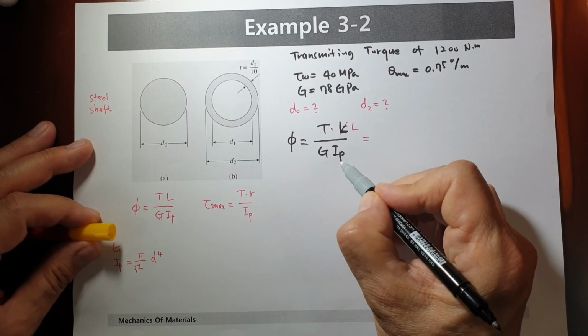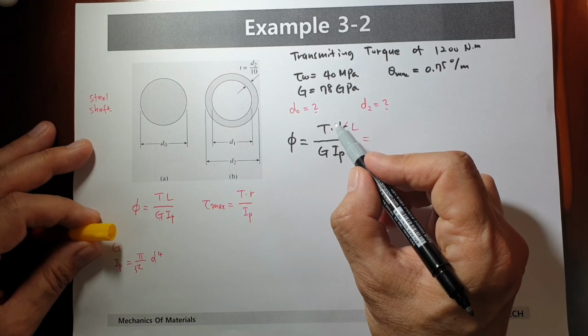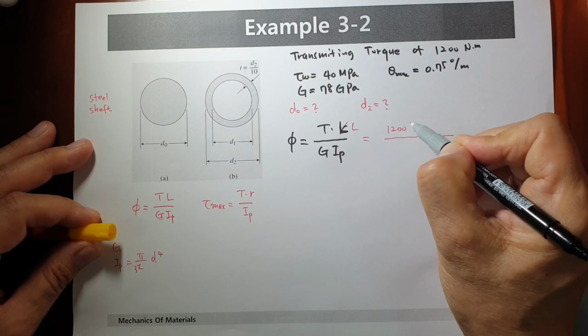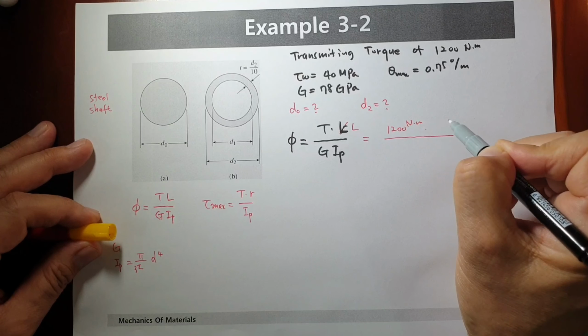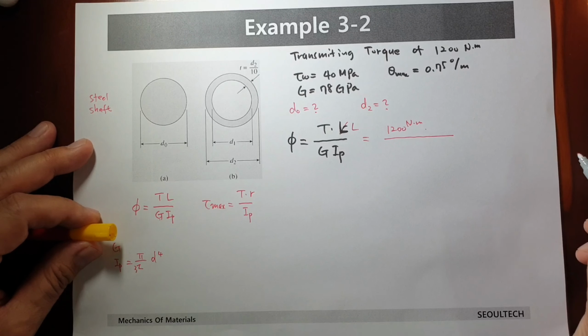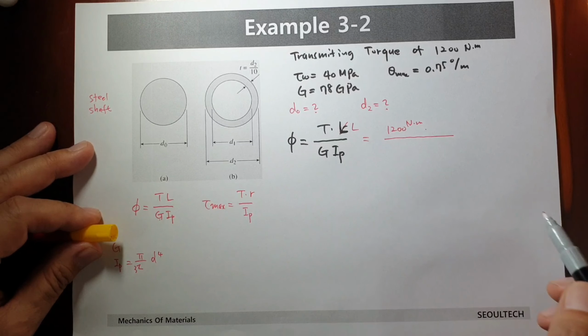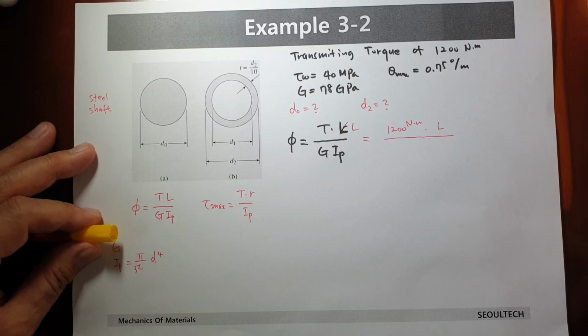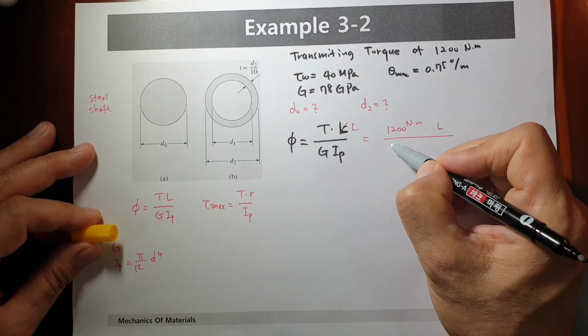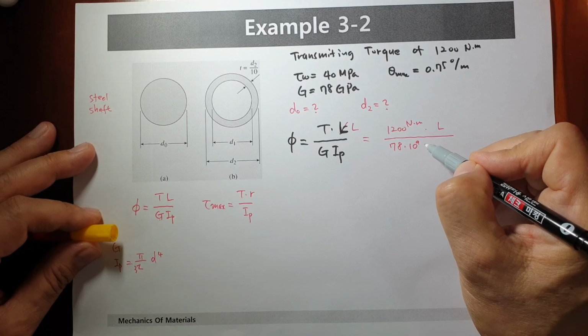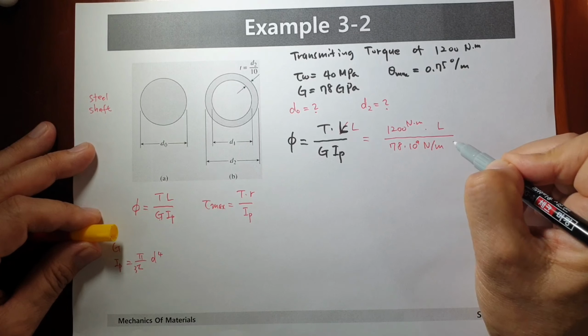Here this value T is given by torque, in Newton meter. L, we don't know L. Instead of that, if phi is divided by L, G is given by 78 gigapascal, 78 times 10 exponential 9 Newton per meter squared.